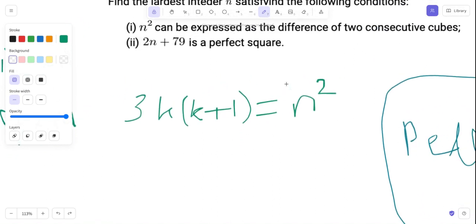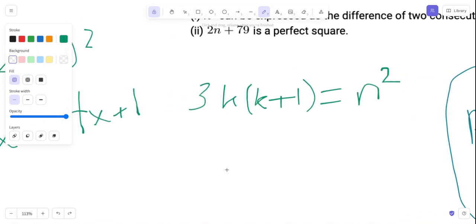So I'm going to multiply both sides by 4/3.